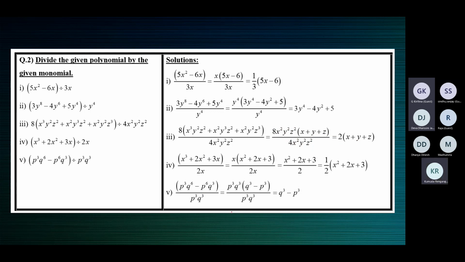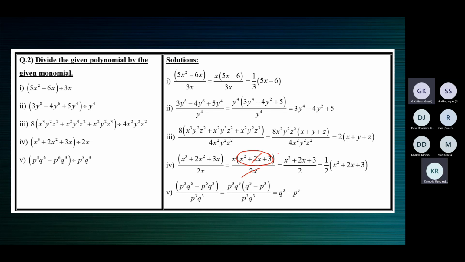In the fourth one also, x is common in the numerator. So we take out x common and then x and x will get cancelled. You cannot cancel this 2x and 2x, for the reasons I've told you earlier, because 2x is a part of this expression, and you can see they're connected by a plus or minus sign. Here it's plus sign.